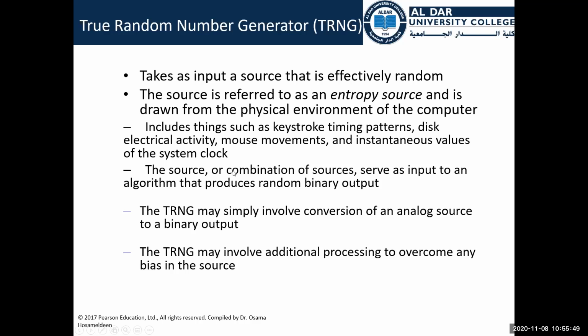You can use one source or many sources, serving as input to an algorithm that produces random binary output. That's why we use the entropy source. As I told you, this shouldn't be uniform, shouldn't be creating a sequence or predictable sequence.